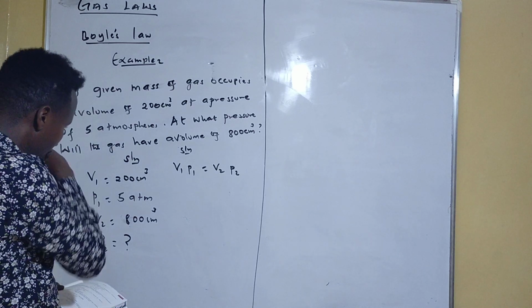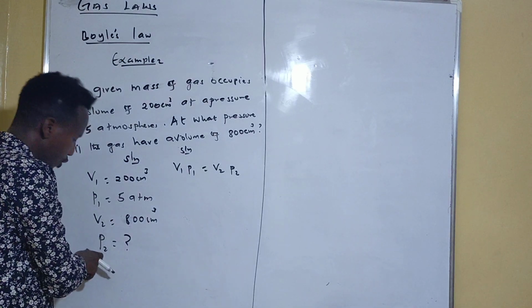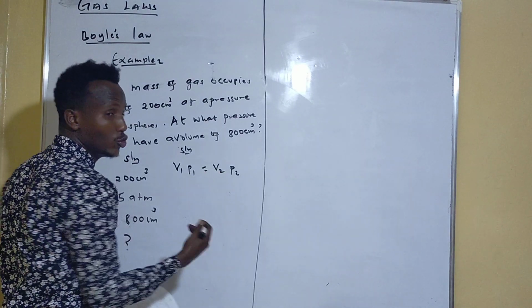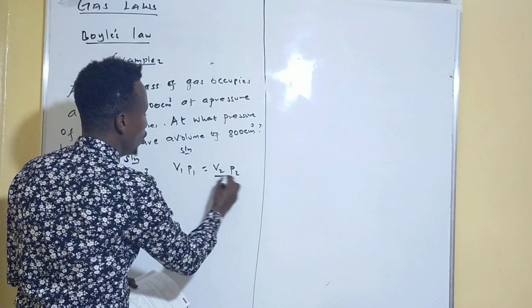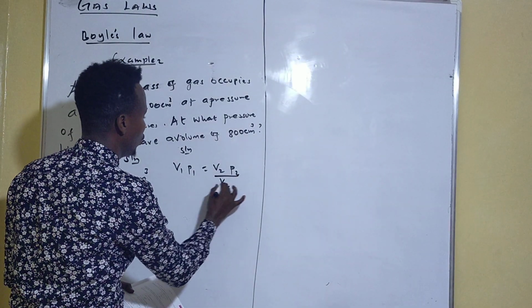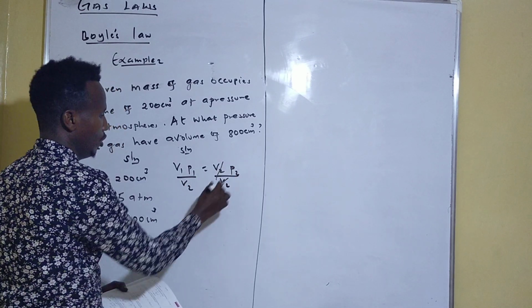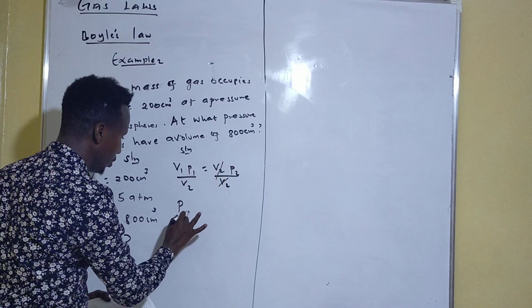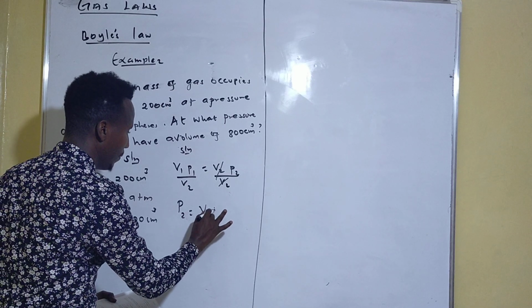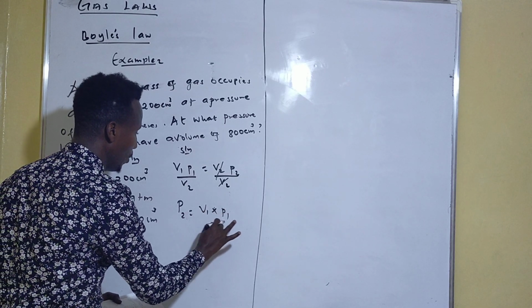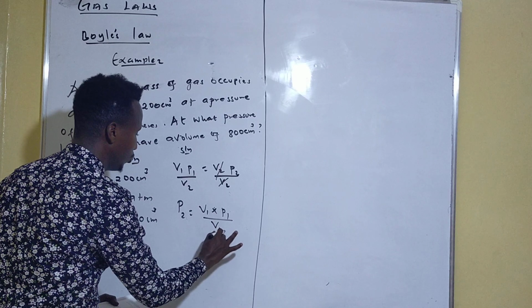So what are we missing? What's under question mark is pressure 2. To make pressure 2 the subject of the formula, we eliminate V2 on both sides. Cancel these two. So P2 is equal to V1 multiplied by P1 divided by V2.